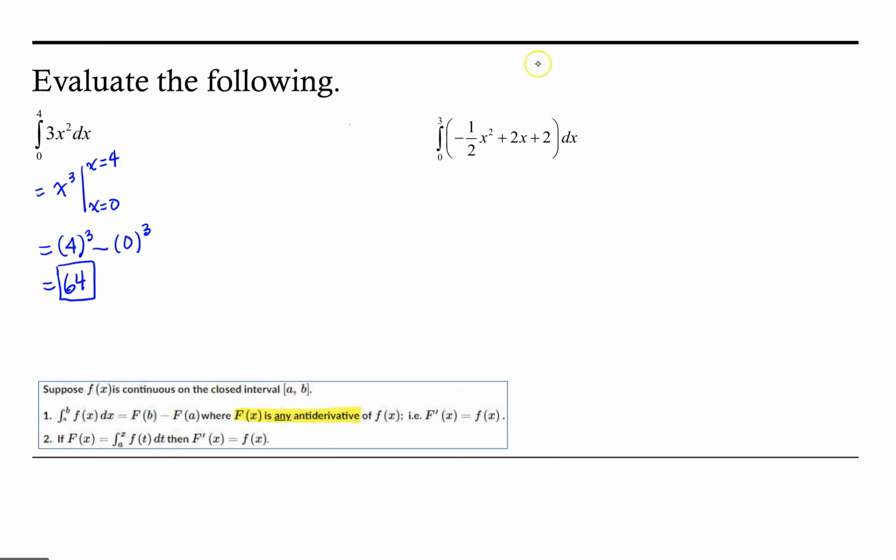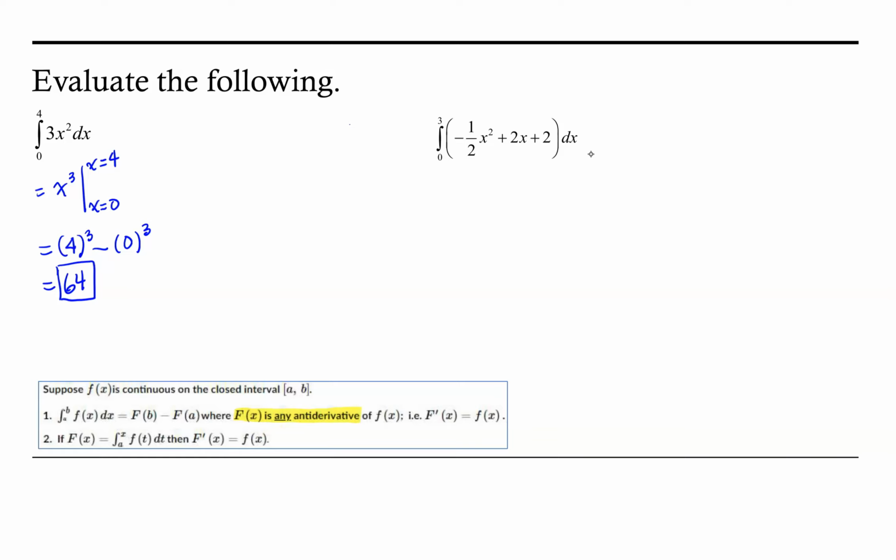Now looking at our second example here, notice that we have a series of terms. We can use properties of integrals to help us focus on each term individually.